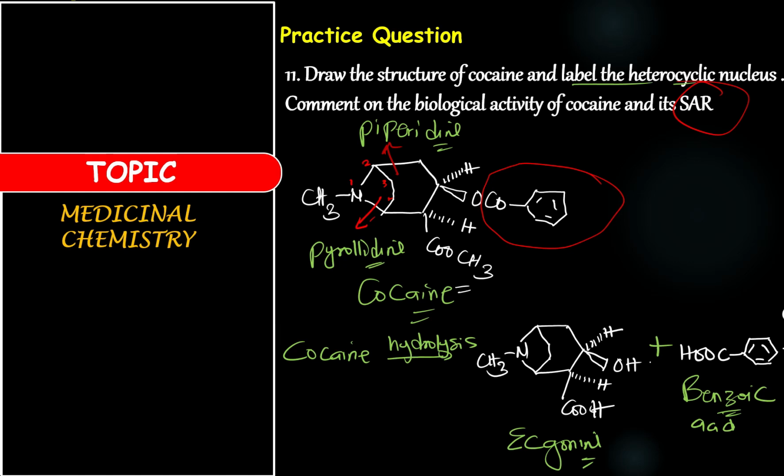You can remove the benzoyl group from the main structure of the agonine. You can also remove the carboxymethyl group, like this one is carboxymethyl. Now, if you remove this carboxymethyl group, it does not necessarily affect the biological activity of cocaine.